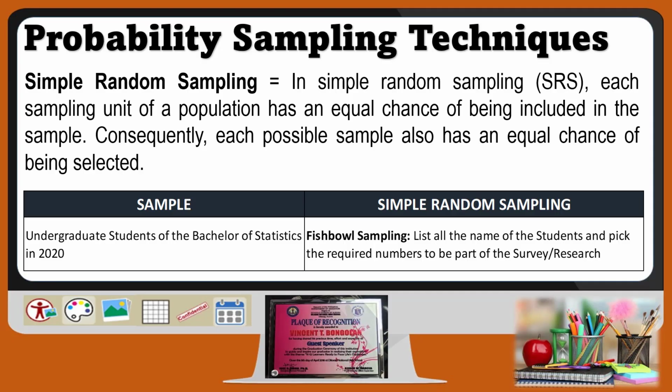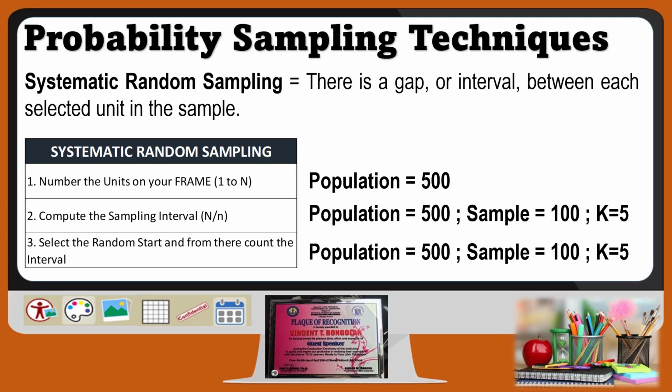Sir, we went to this area, we went to the class and so on and so forth, and whoever wanted to participate in the research, that's our sample. I was shocked because that is not the theory. That is not simple random sampling.